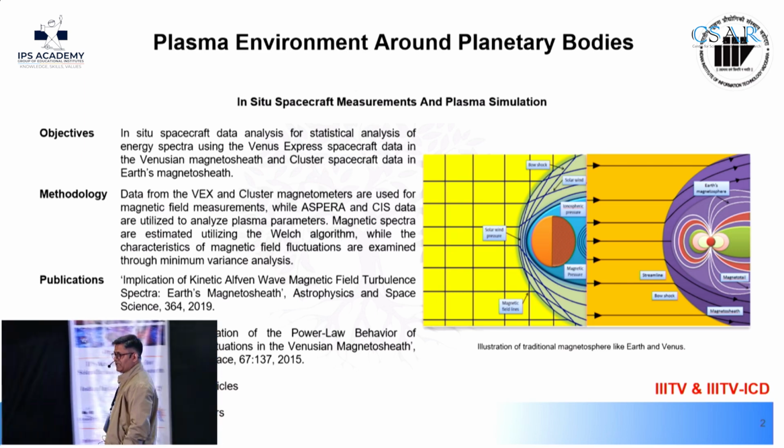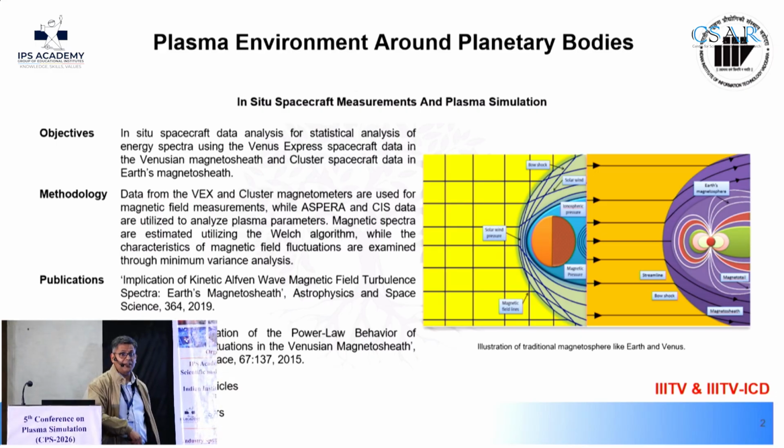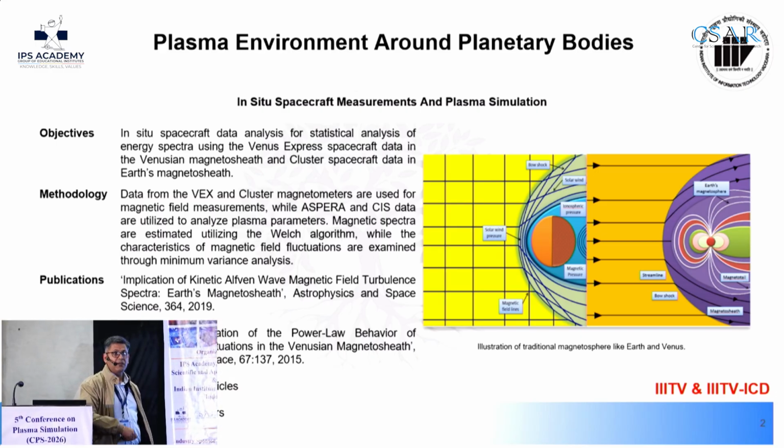The magnetosheath is, you can say, a very unique natural laboratory where you can analyze plasma in a bounded region, something which you do in laboratory plasma. Basically, the idea was to analyze the turbulence processes happening in these two planetary bodies. Because this is an induced magnetosphere in the case of Venus, it is highly variable in terms of the solar cycle.